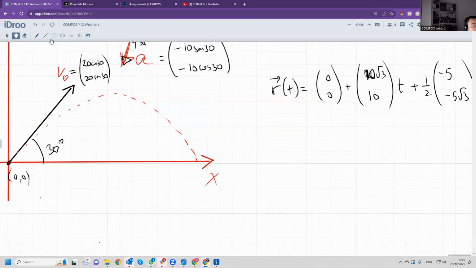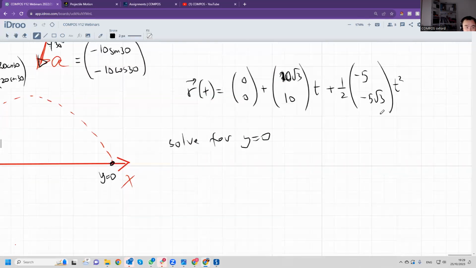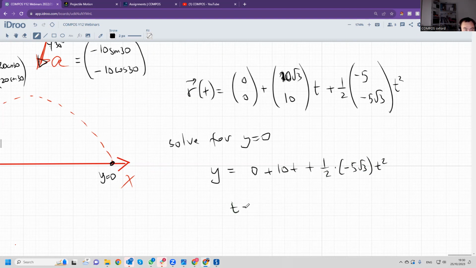And solve for y equals 0, because y equals 0 at this position. If you write y is equal to 0 plus 10t plus 1/2 multiplied by minus 5 root 3 t squared, it's going to be 20. T is 20 divided by 5 root 3, which is 4 root 3 over 3.